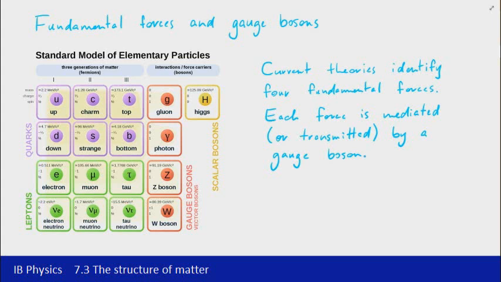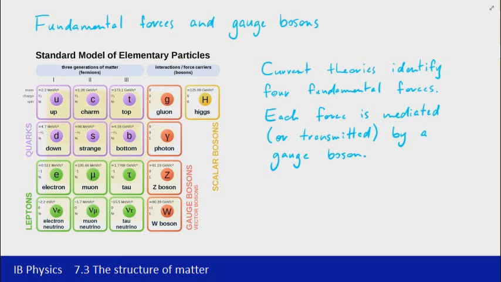So anything that's got an integer spin or a zero spin would be a boson. So mesons, for example, are bosons because they have that integer spin. We're only really concerned here with the fundamental particles, so we don't need to worry about bosons that are composite particles. We only need to worry about these four that we can see in the standard model.